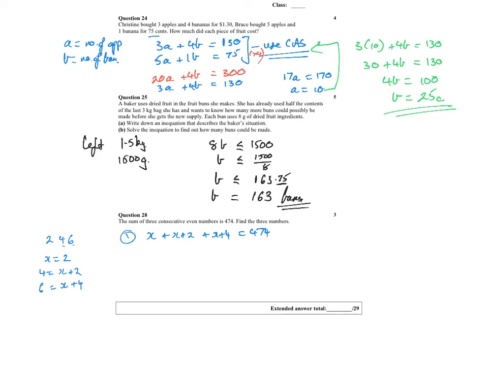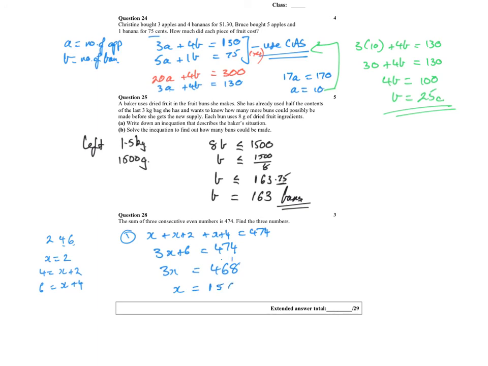Because now if I add them up, 3x plus 6 equals 474. 3x is equal to, what's that, 468. Use your calculator. X is equal to, 3 goes into 4 once with 1 left over. 3 goes into 16 5 times with 1 left over. 3 into 18 goes 6 times.